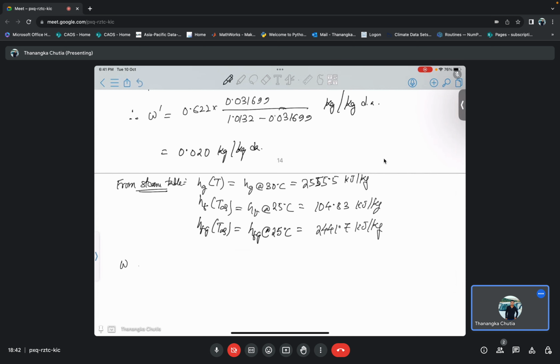Now you put all these values. W is equal to 1.005 into 25 minus 30 plus 0.020 into 2441.7, divided by 2555.5 minus 104.83, kg per kg of dry air.